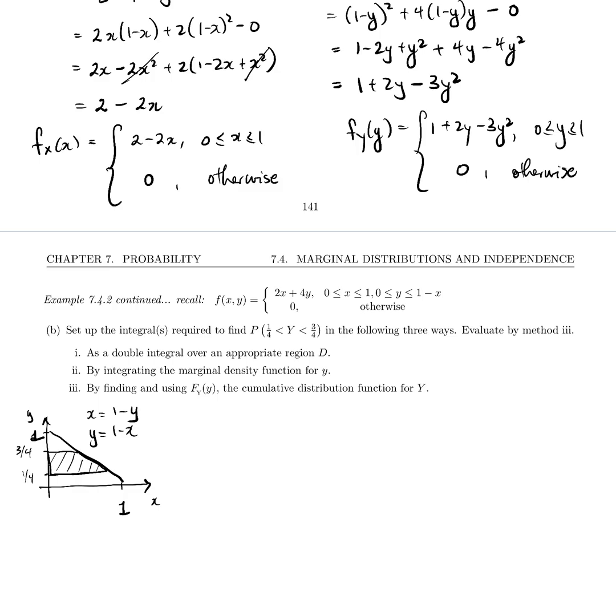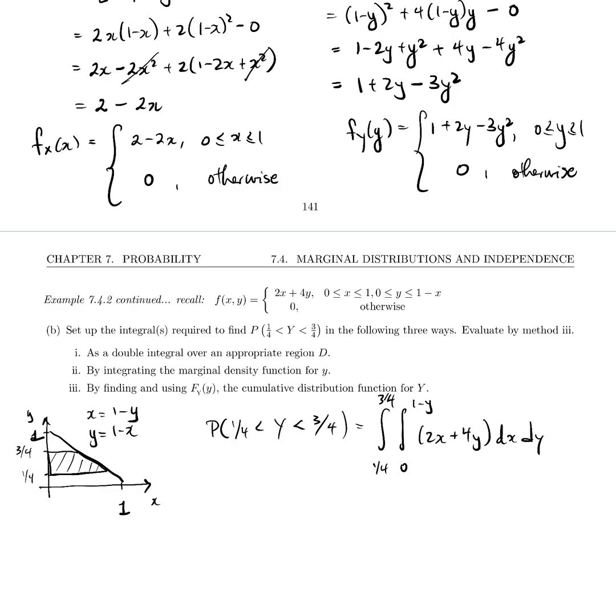And so as a double integral, the probability that 1/4 is less than y is less than 3/4 is the double integral where y is going from 1/4 to 3/4, and x is going from 0 to 1 minus y, of the density function, 2x plus 4y, dx dy.